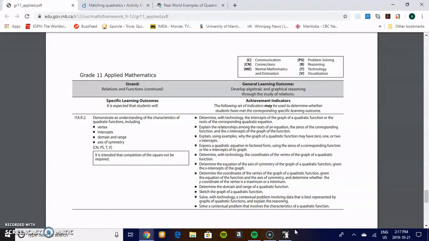Another issue that I find with the graphing calculators is that when you're trying to find the vertex, you have to specifically look for minimums or the maximum. And, you know, there might be issues with language with students, like, what if they don't know what the words minimum and maximum mean?